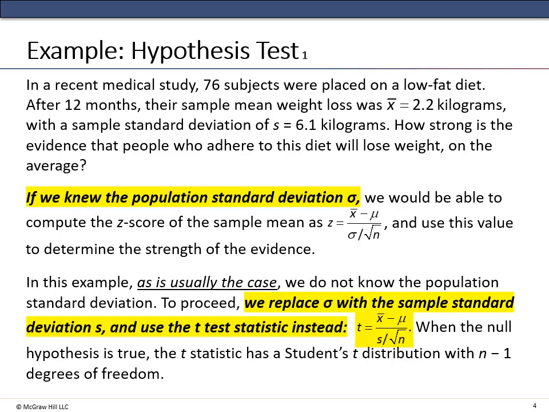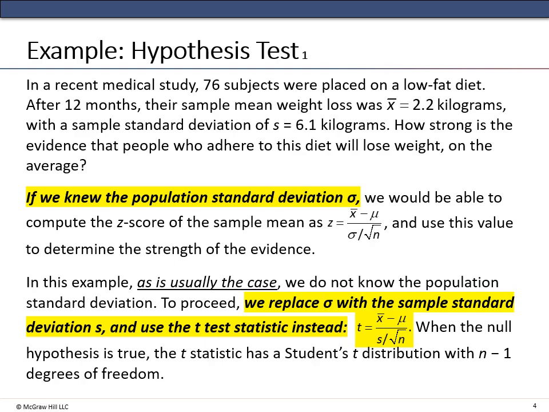In this example, as is normally the case, we do not know the population standard deviation. So to proceed, we replaced sigma with the sample standard deviation, s, and used the test statistic instead. And this is the formula for that. The test statistic is x bar minus mu over the sample standard deviation divided by the square root of n.